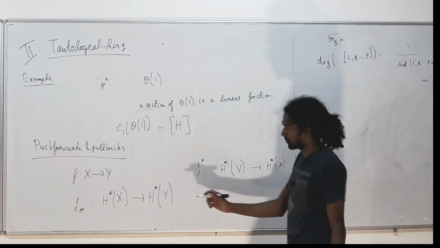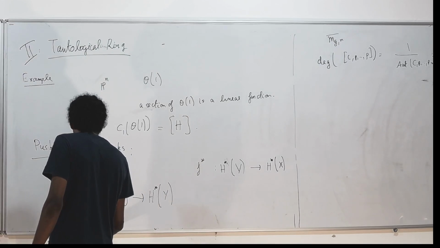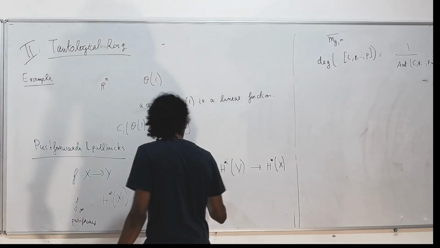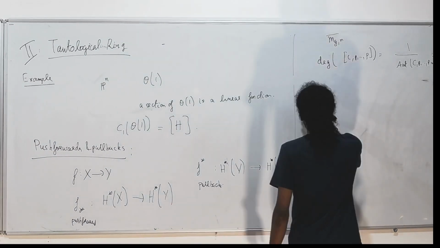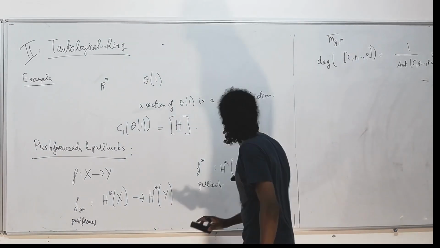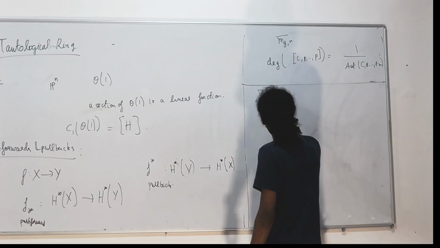So we have push forwards and pullbacks. And push forward and pullback satisfy a very nice formula, known as the projection formula. That's the last thing I'll say today. I'm sorry.